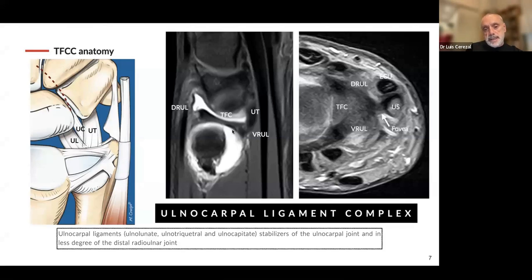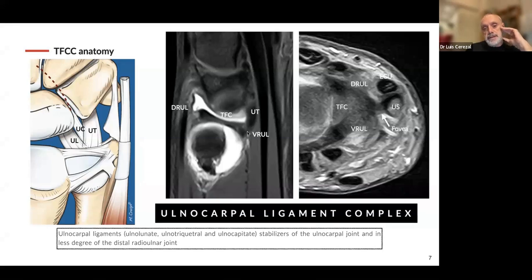This is a sagittal image, and we can see very nicely the TFC with the central TFC proper, which is thinner, and thickenings of the volar and dorsal radioulnar ligaments. Also, these sagittal images are very important to evaluate the capsular insertion, the dorsal and volar capsular insertion, and also to see the ulnocarpal ligaments.